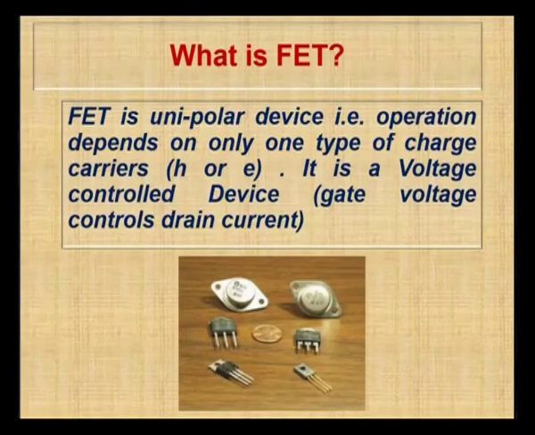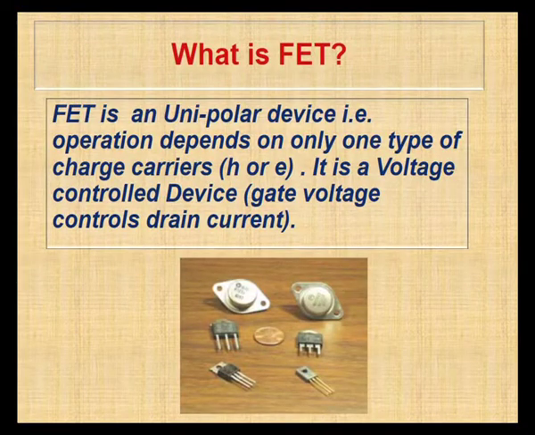Field effect transistor, comparing with the BJT and FET. What is it in the case of BJT? BJT is a bipolar junction transistor. Bipolar in the sense that conduction takes place with two types of charges, holes and electrons. Both electron and hole take part in the conduction.